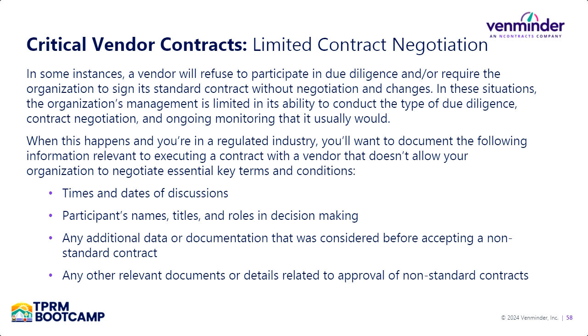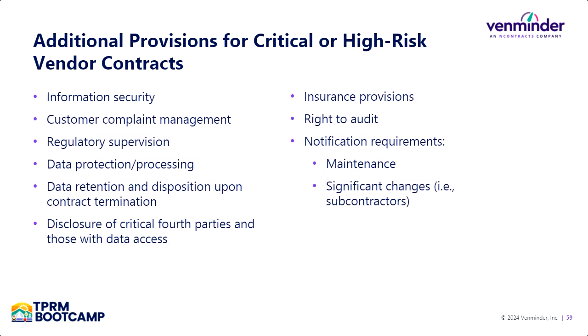When that does happen, it's important to document that that is the case: that you were not able to review, that you made a business decision to accept the risk associated with the vendor without knowing what those actual risks are, that you accepted the contract as is without any negotiation, the business justification for that, and some documentation around all of that, because at some point in the future, probably an auditor or examiner is going to want to know the details behind that. So best to document that up front.